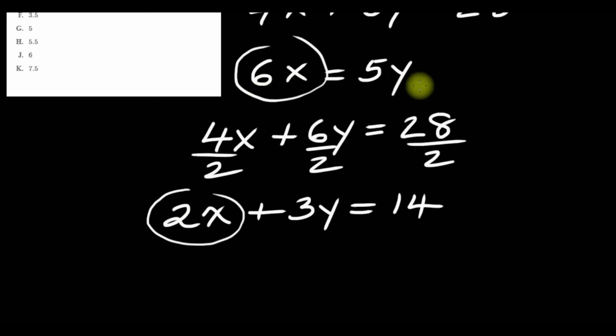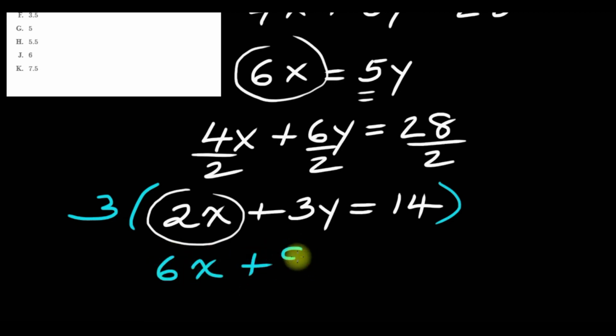And then with that, you can replace the 6x with the 5y. So we're going to go ahead and do it like that. I am going to multiply this by 3. So I end up with 6x plus 9y is 3 times 14. That is going to be 42.